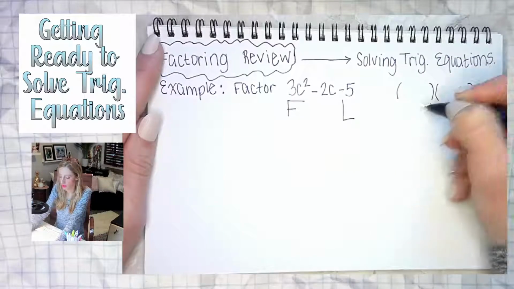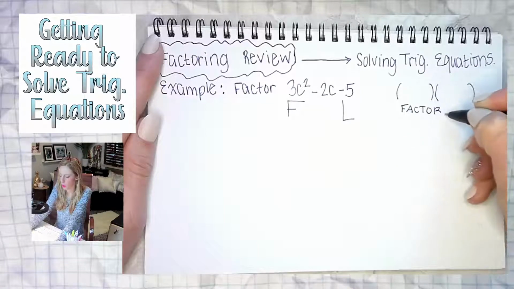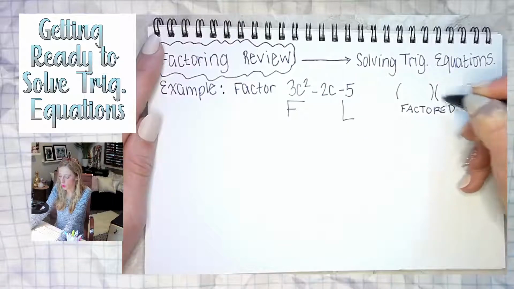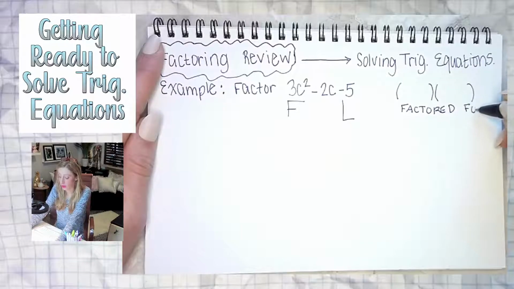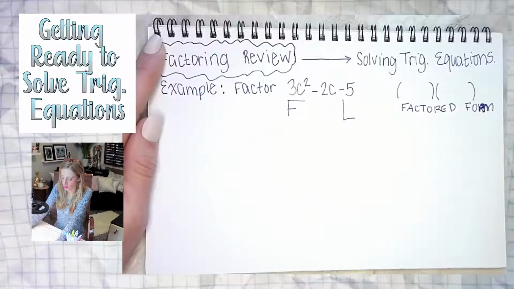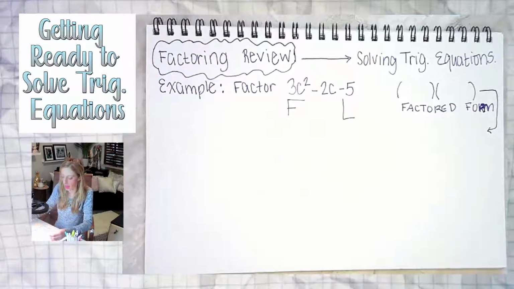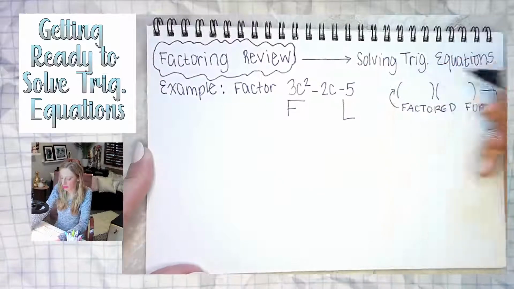So this is called factored form. When you were in maybe Algebra 1, you were given things in factored form. Your teacher probably asked you to expand the factored form, meaning open it up. So it already is factored.